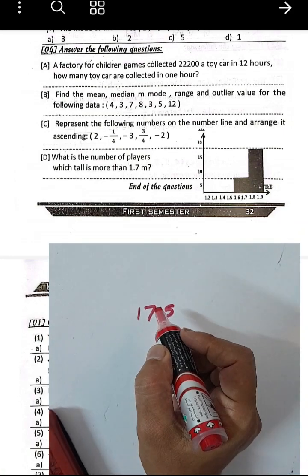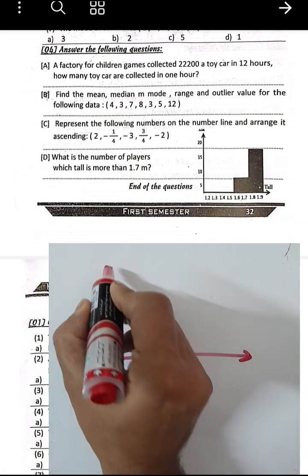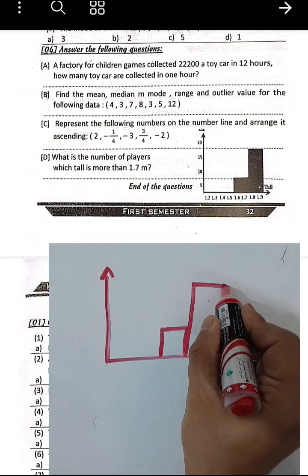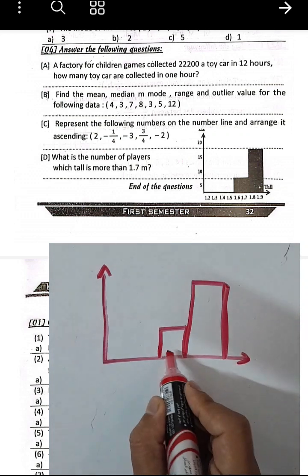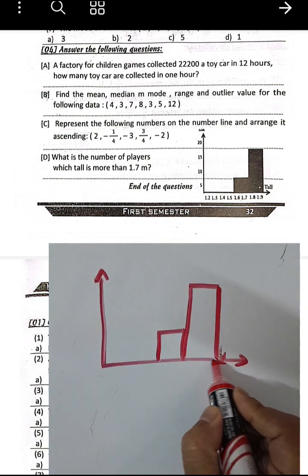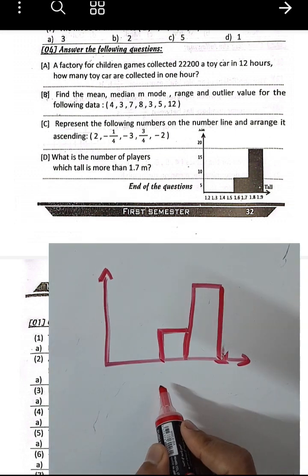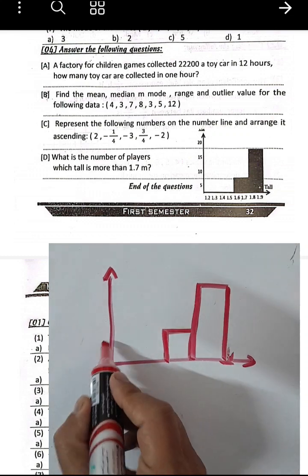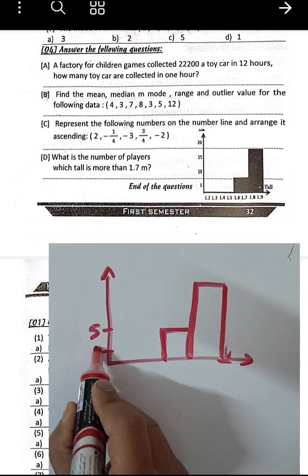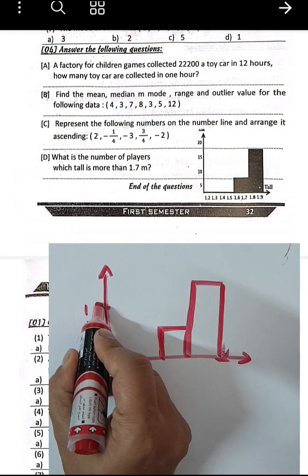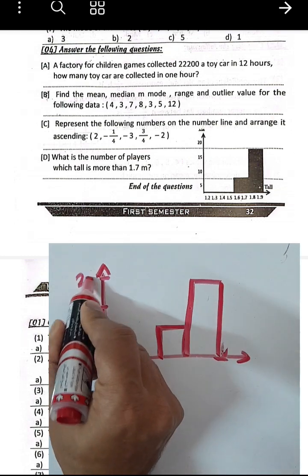What is the number of players? Okay, again I will draw it again because it's not clear. Okay, my students, I will draw it again here. We have 2 intervals, the first interval and the second interval, and you want to find the intervals. We have here 5, 10, 15 and 20.